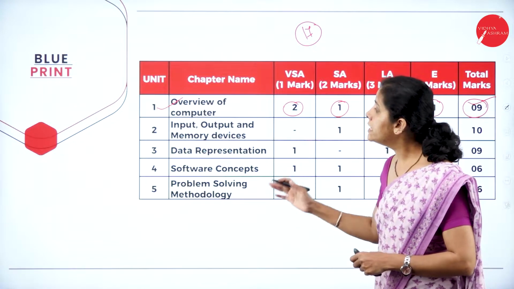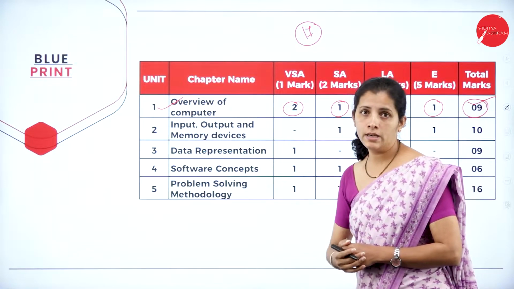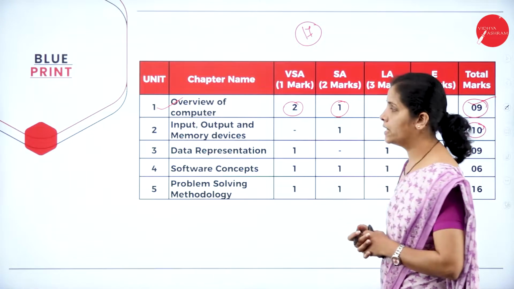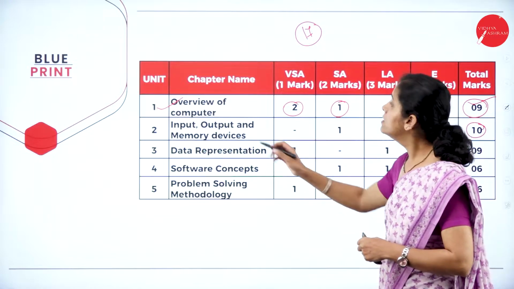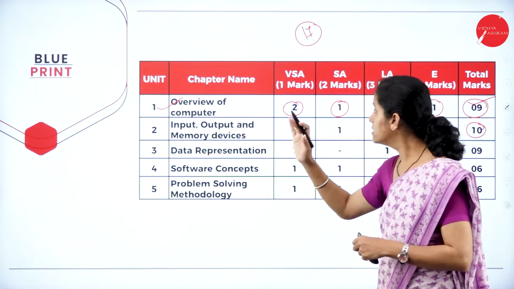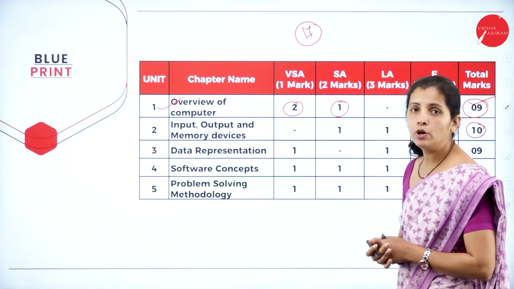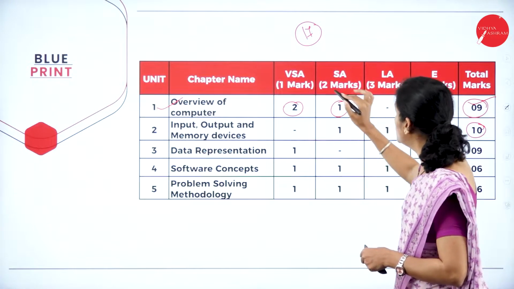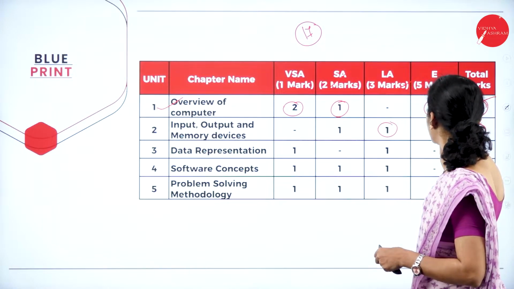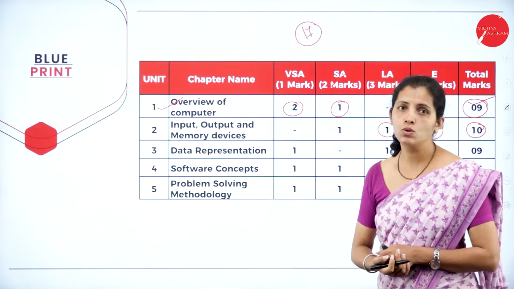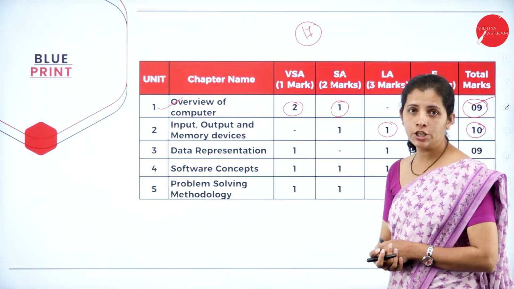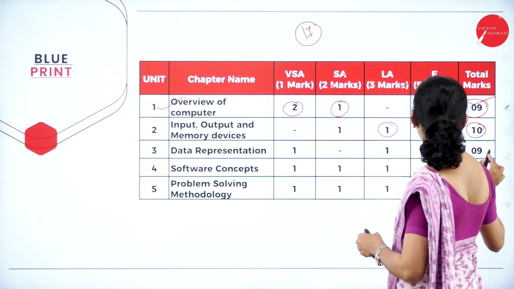Now, if I study the second chapter properly, then I can answer 10 marks. That means if I study input, output and memory device, then I can attend 1 2-mark question, 1 3-mark question and 1 5-mark question. So total 10. And if I consider data representation, once again, what is the weightage?